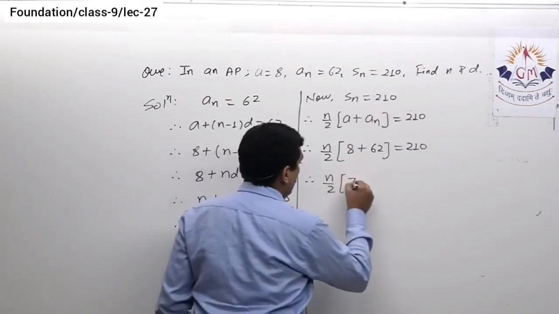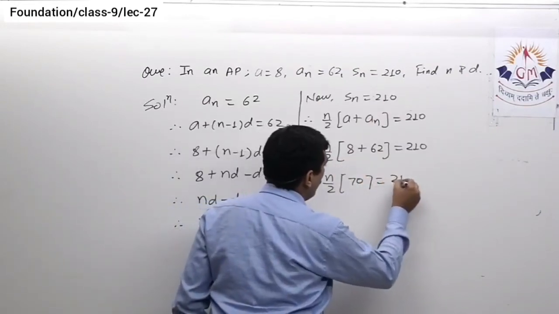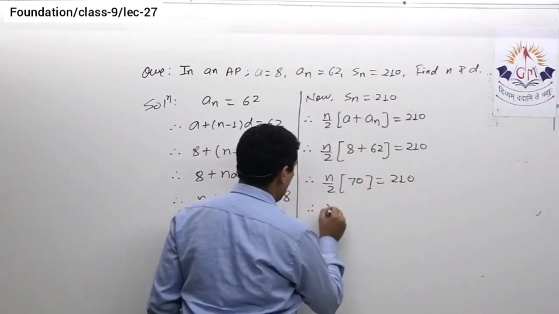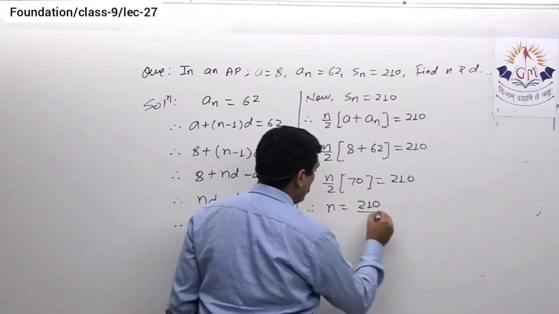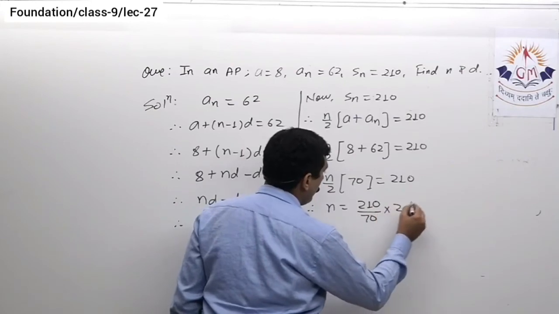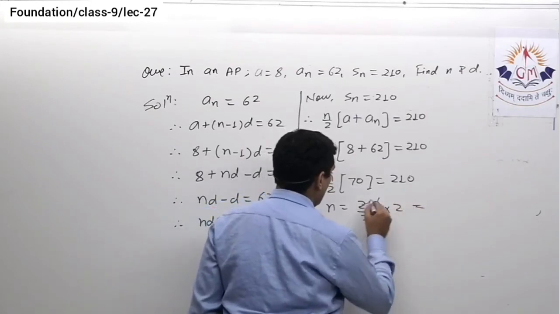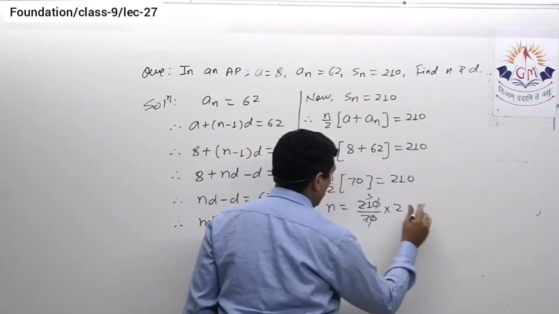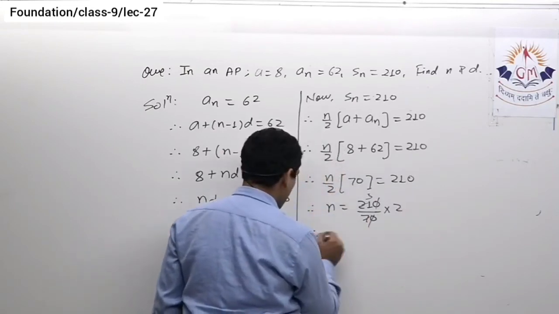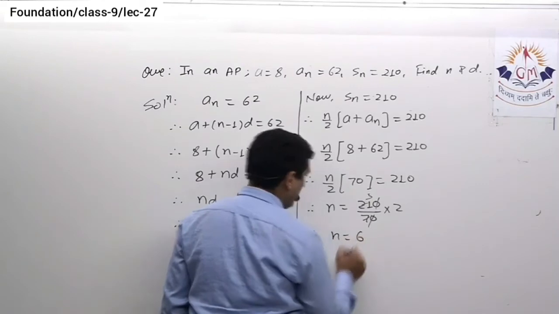So here 70, it is 210. So n is equal to 210 divided by 70 multiplied by 2, that is 6. So n is equal to 6.